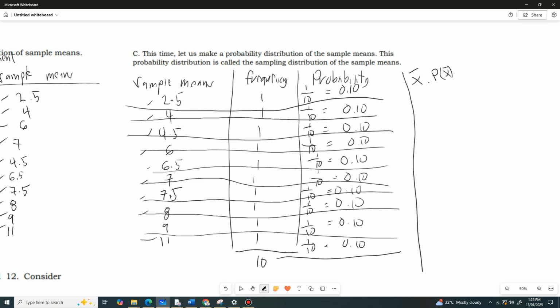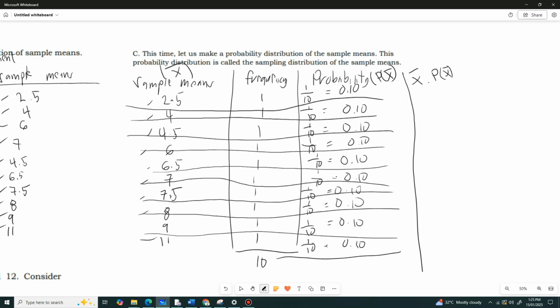Where does our x bar come from? The x bar will come from here, the sample means. And our p of x bar will be coming from here.